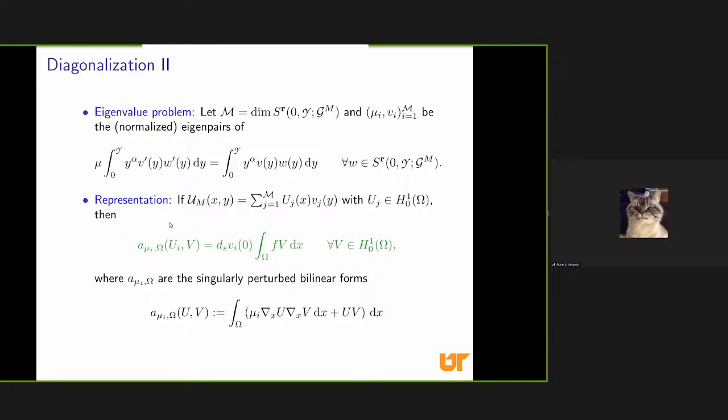And that gives you a representation for your semi-discrete solution in terms of the generalized eigenpairs of this problem. But this is a discrete problem, and again, it's in one dimension, so it's much easier than doing an eigenvalue expansion of the original Laplacian.